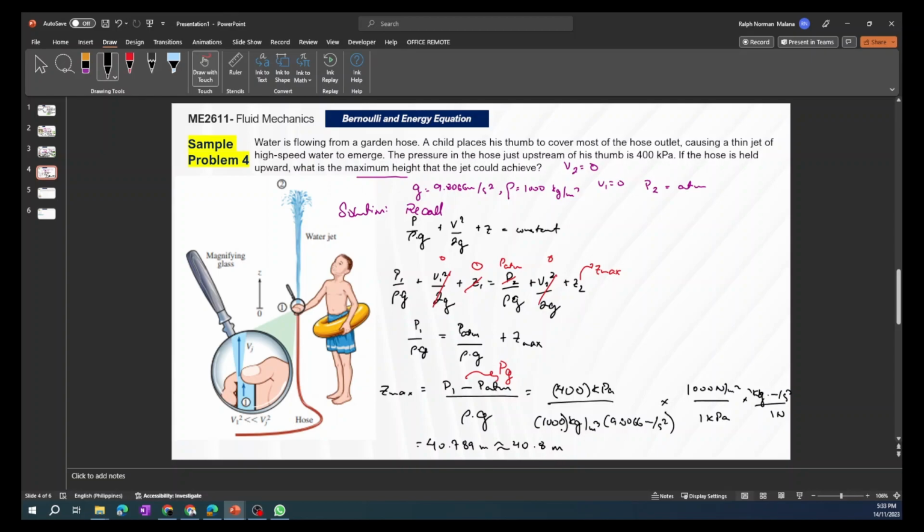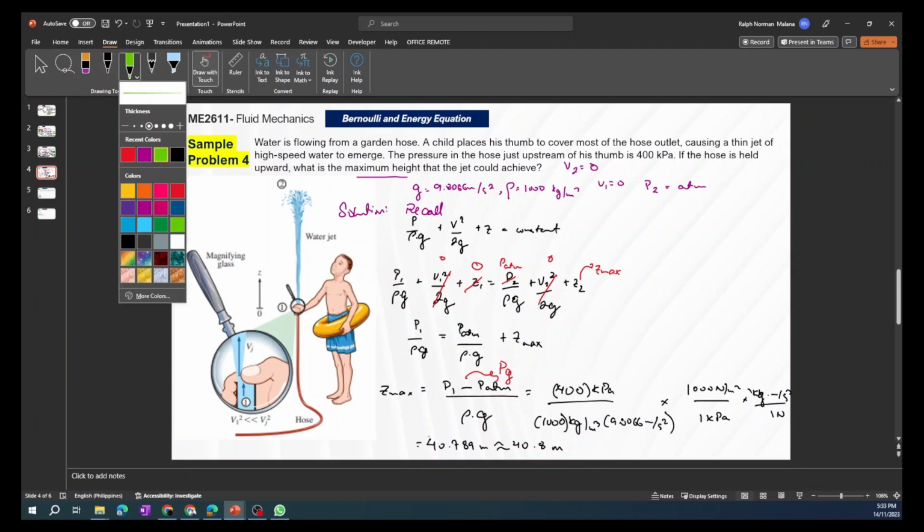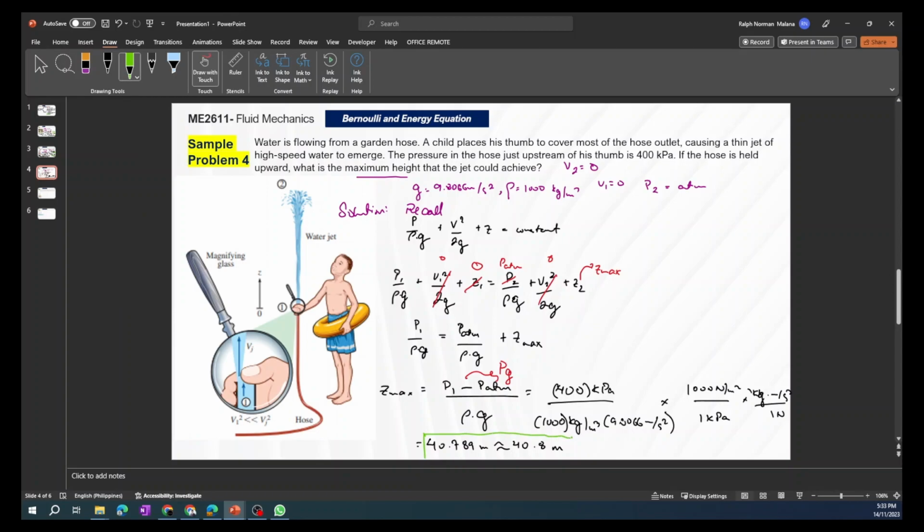Again, the pressure in the hose just upstream of the thumb is 400 kilopascal, so apparently that's not P1. If the hose is held upward, what is the maximum height? When you do this equation, P1 minus P atmospheric, that's your gauge pressure, or your P1 gauge.